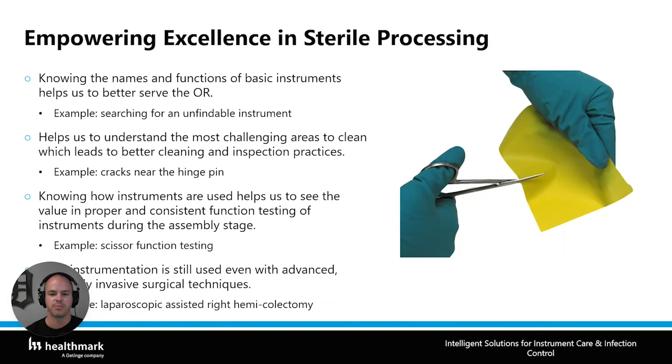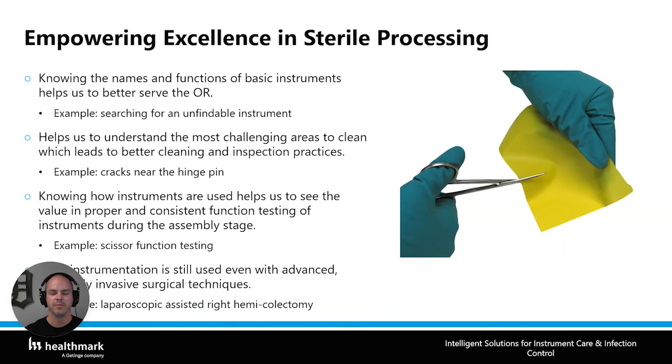So it's really important that we understand even the advancements don't necessarily preclude the surgeon from having to use basic instruments. You probably have seen in a lap chole tray, you have all those lap instruments, but you still have some basic regular surgical instruments in there, and there's good reason for that. Also there's always that option that any minimally invasive surgery could convert to open if needed, right?